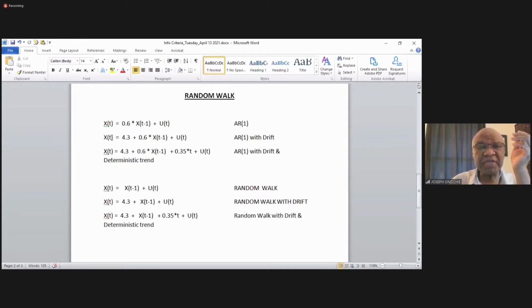But in the second equation, I introduced mu, the 4.3. So in the time series language in financial econometrics, we say this is an AR1 with drift. In other words, it's a 4.3 mean. So the average here, the constant, is 4.3. It's a 4.3 average AR1 process.